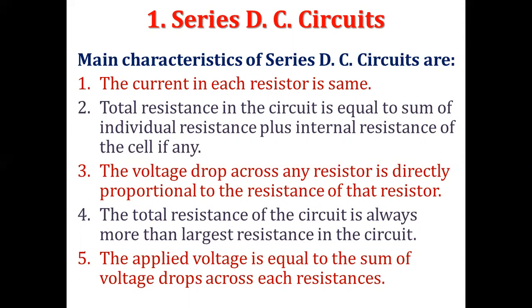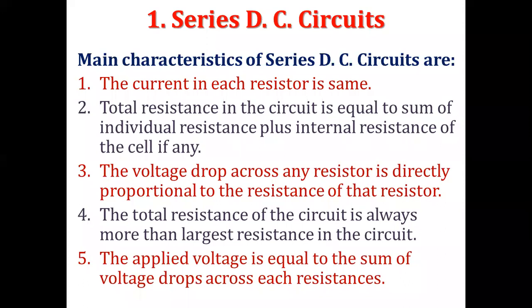That is also a characteristic. The second one: the total resistance in the circuit is equal to the sum of the individual resistances plus the internal resistance of the cell, if any. How do we calculate the total resistance? Suppose 4 resistances are connected in series, so the total resistance R is R1 plus R2 plus R3 plus R4.